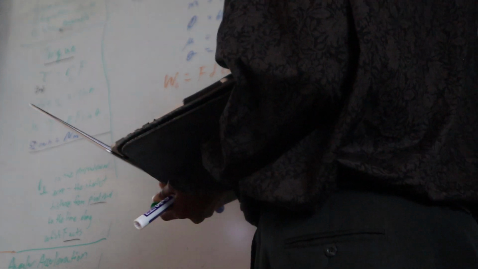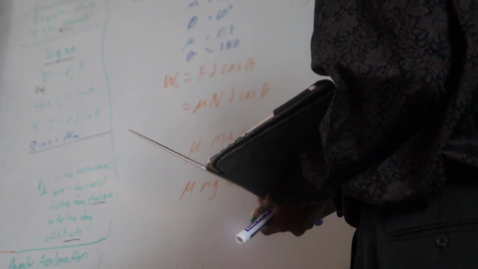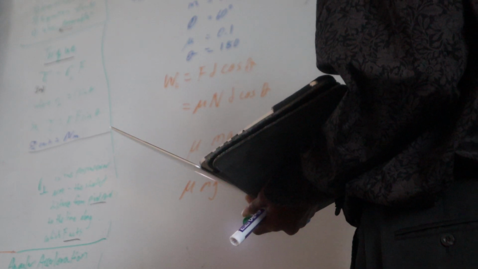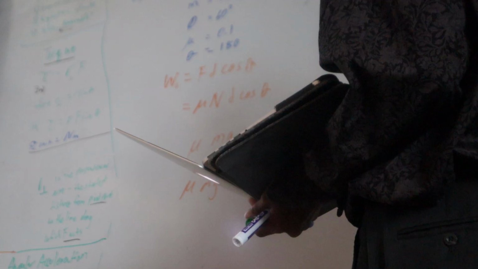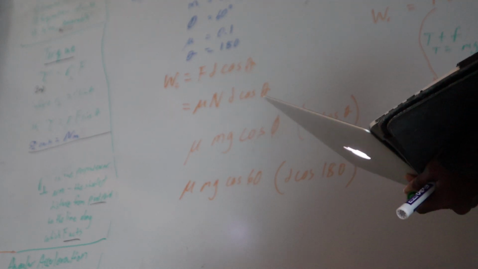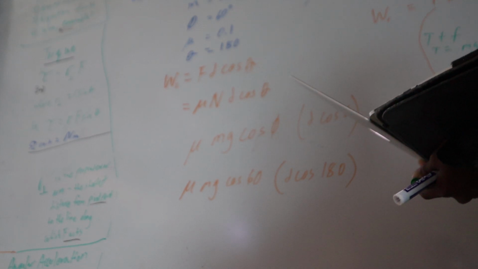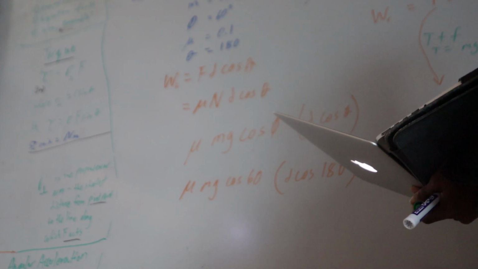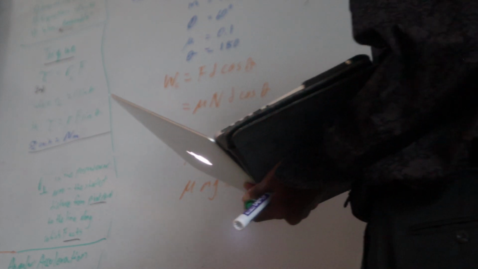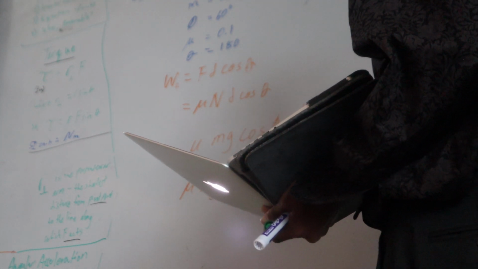So now I can put those. So that's just my T. And then I still need to put in D cosine theta. I can pull these together.